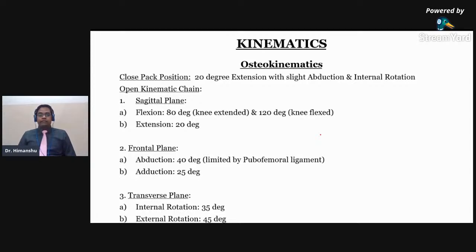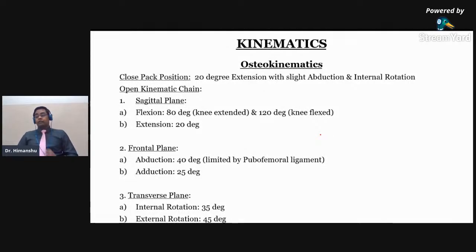We have 40 degrees of abduction at the hip joint, which is limited by the pubofemoral ligament that I already told you, and 25 degrees of adduction is also present beyond the midline. Now in the transverse plane, we have internal and external rotation. The external rotation is about 30 and the internal rotation is around 35 degrees.